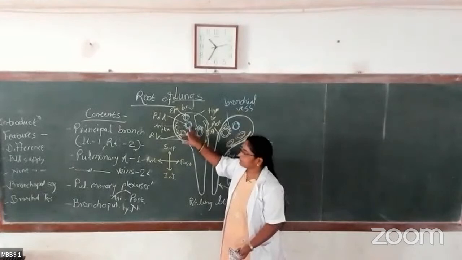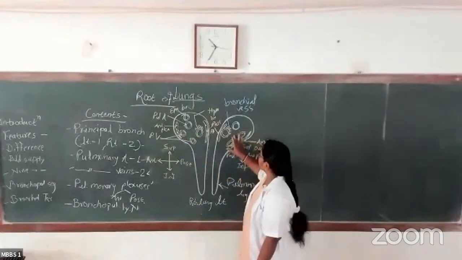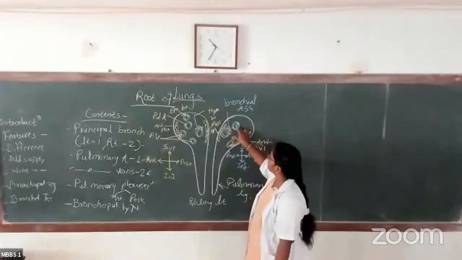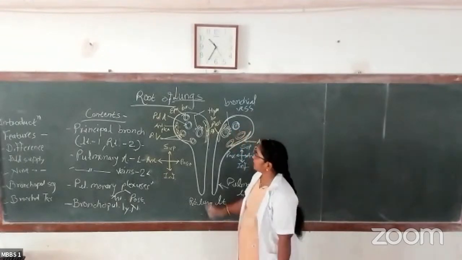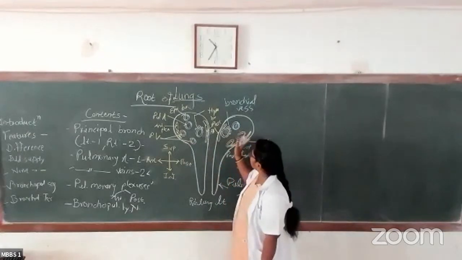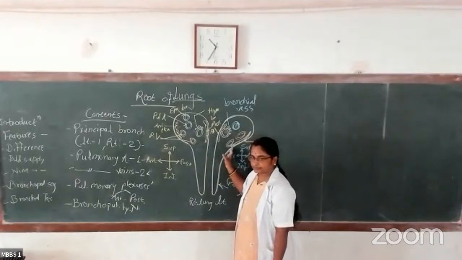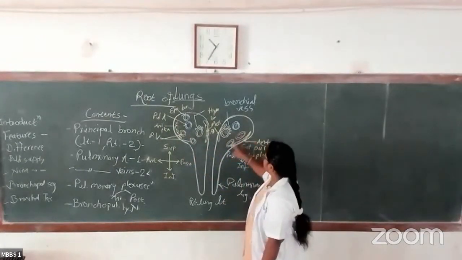In between there is the pulmonary artery. In case of left lung, there is one principal bronchus above which the pulmonary artery is situated. There are two pulmonary veins, superior and inferior, which are present anteriorly on both the sides.